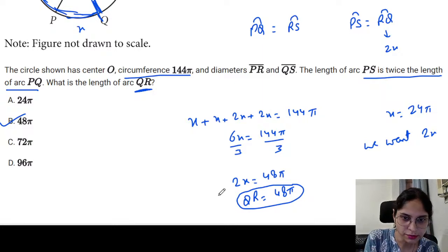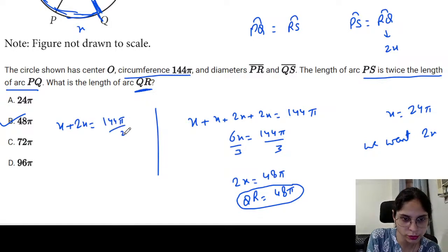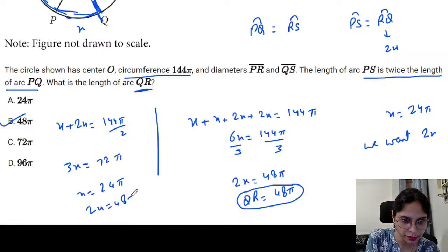Or you could have just done the semicircle. x plus 2x should have been 144 pi over 2. So 3x should have been 72 pi. So from here also x is going to be 24 pi, and we want 2x, that is going to be 48 pi.